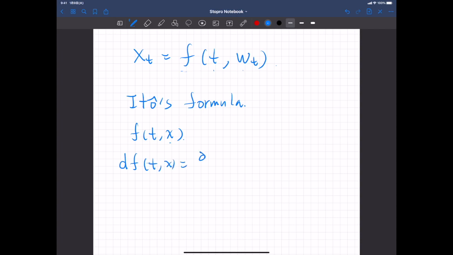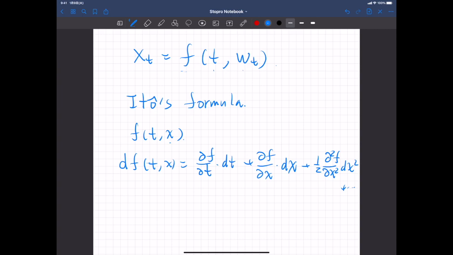So first we differentiate with respect to t, and we multiply by dt. And also we have the first order derivative with respect to x and dx. And we have higher order terms like 1/2 and the second derivative with respect to x and dx squared, and so on.